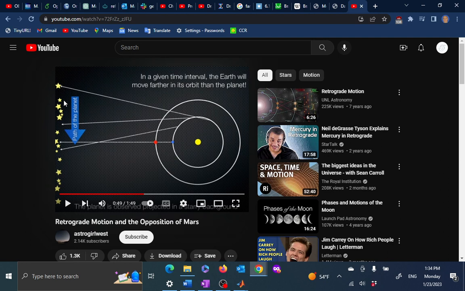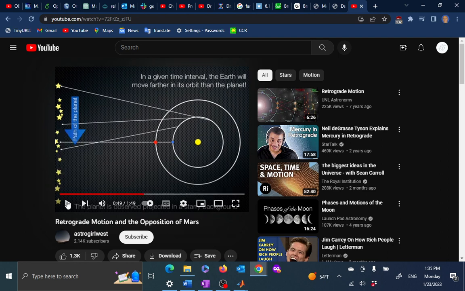A few days later, we see Mars coming down here. A few days later, we see Mars coming down here, and then Mars will appear in the sky to be backing up. They called that from ancient times the retrograde motion.